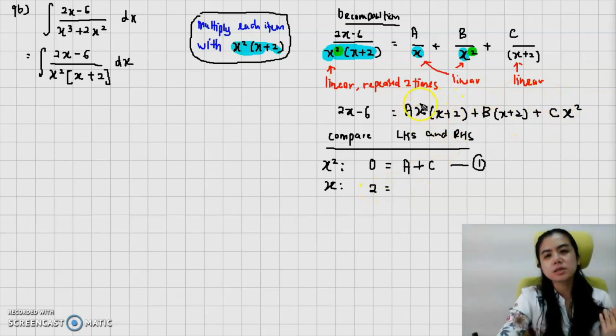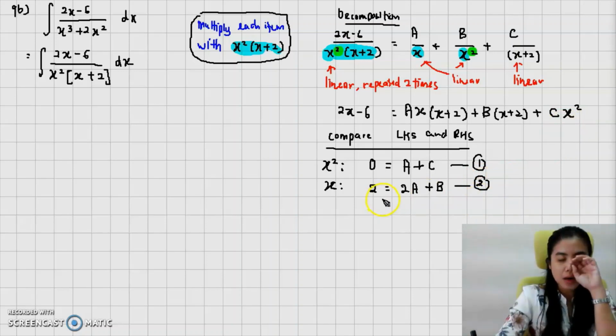If you expand this, you have 2ax, so instead of writing 2ax, you write 2a. Next we have bx here, so instead of writing bx, you write b. We're just interested to know the coefficient, the value in front of the x. That is the second equation for comparing.